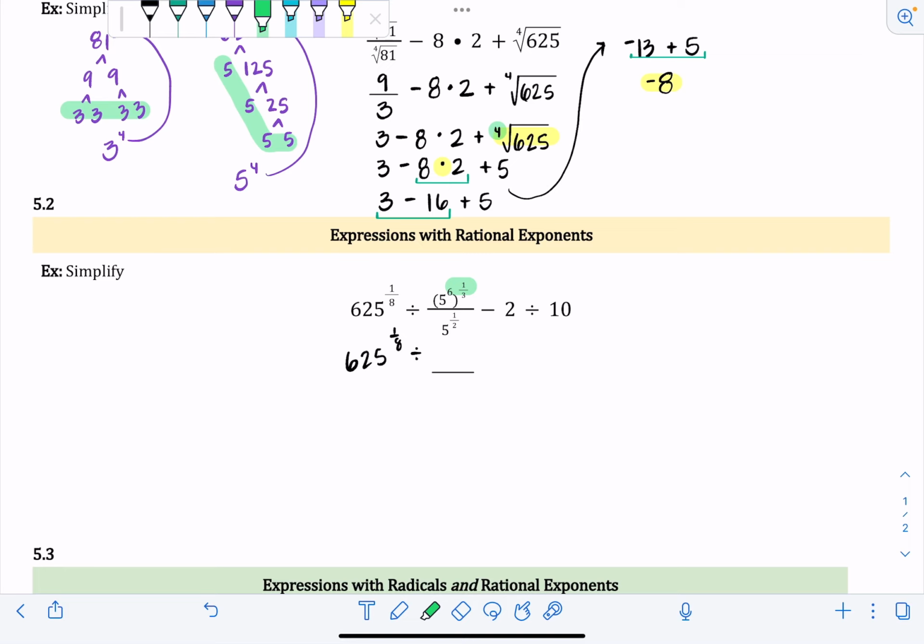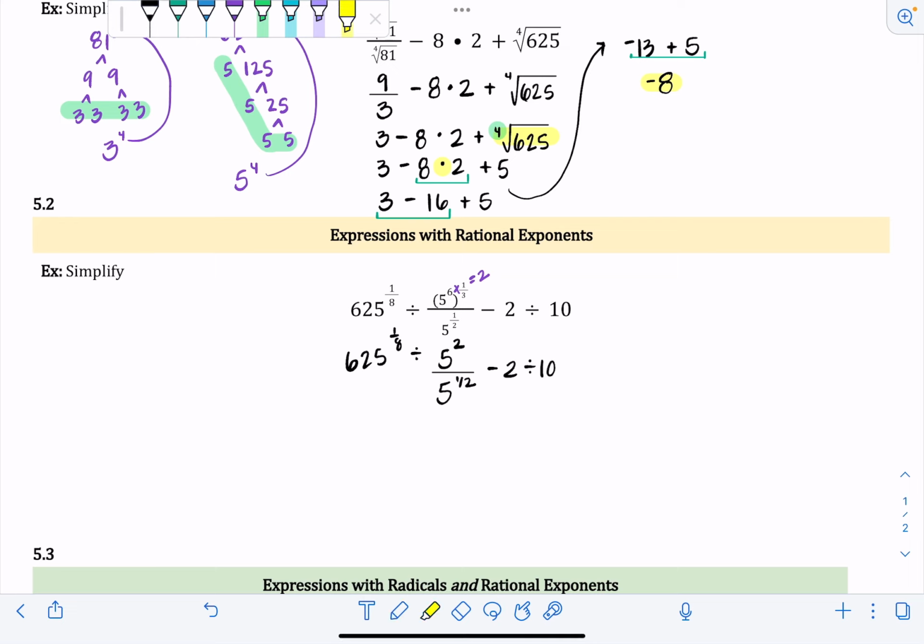That's a power to a power, so I'd multiply those exponents: 6 times 1/3 is 2. So this becomes 5 to the 2nd power, and then over 5 to the 1/2 power, and then minus 2 divided by 10.